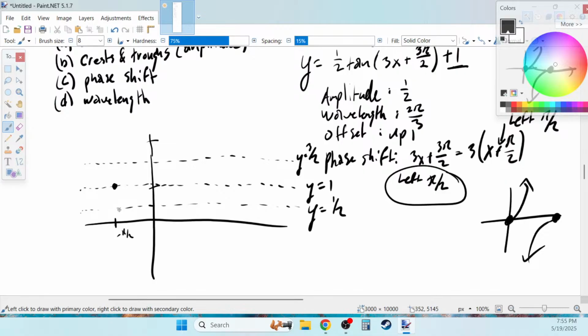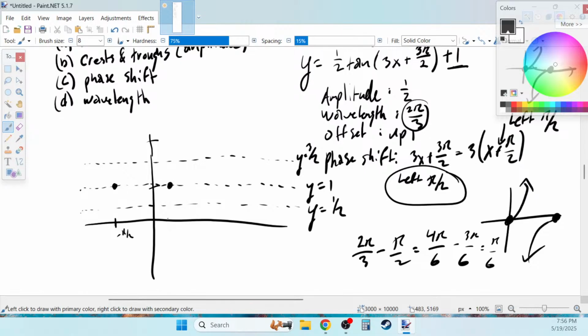After I graph that, I need to use the wavelength. Wavelength is 2 pi over 3. So 2 pi over 3 minus pi over 2 gives us 4 pi over 6 minus 3 pi over 6 equals pi over 6. So I count over to here.